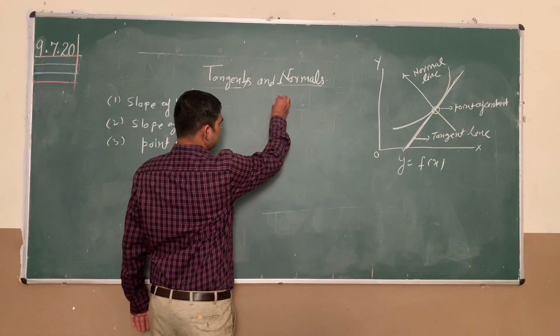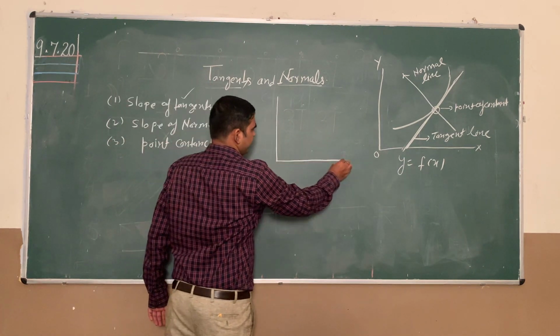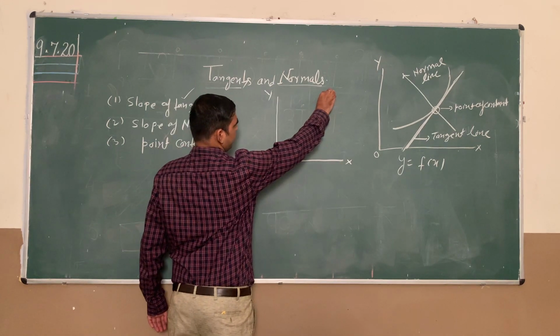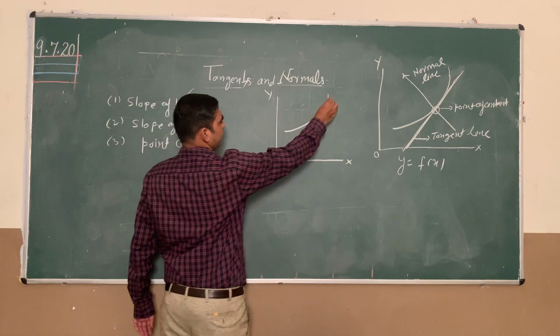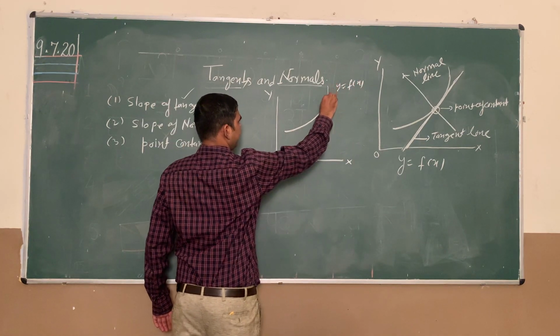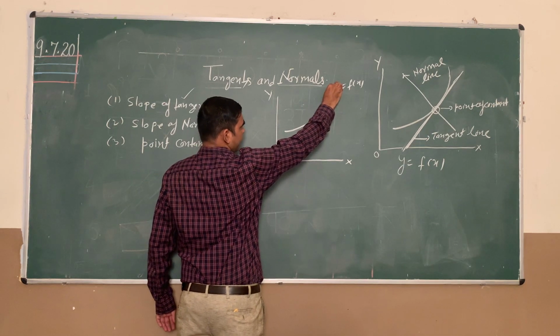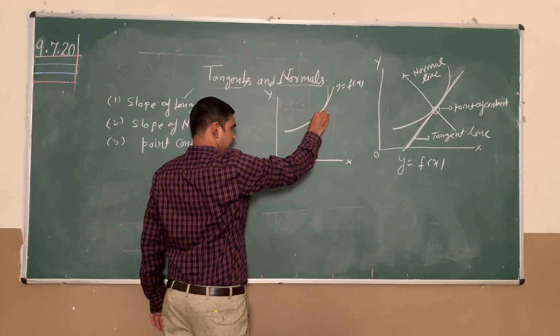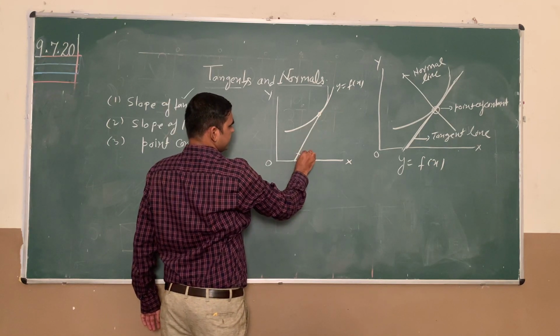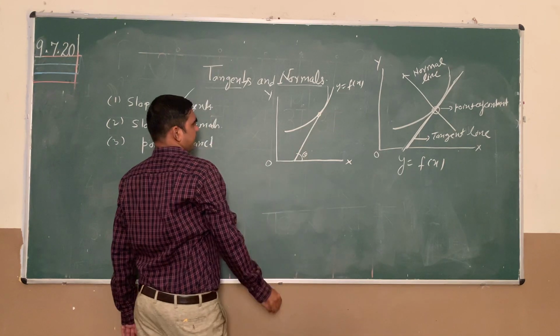So suppose that we have coordinate axes OX and OY and curve y equal to f(x), and any line which passes through this curve, touching at a single point and making an angle, suppose theta, with x-axis.